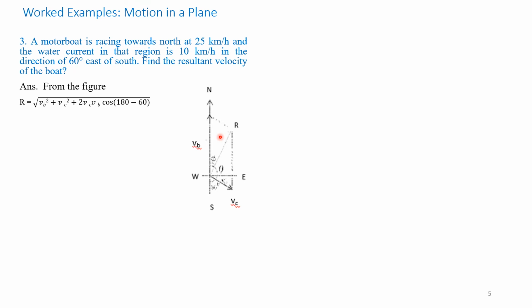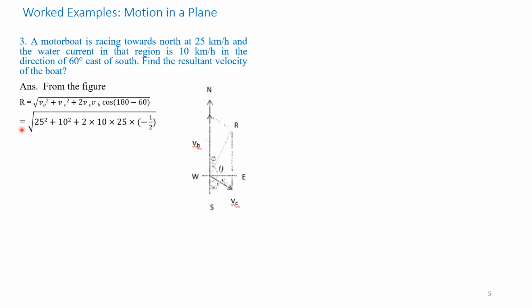So R is given by the equation square root of VB square plus VC square plus 2 VC VB into cos of 180 minus 60 degrees. Please note that the angle theta is east of south, that is 60 degrees. If you take the total angle in the first quadrant, it becomes 180 minus 60, that is equal to 120 degrees.